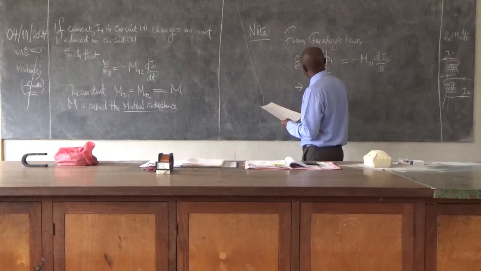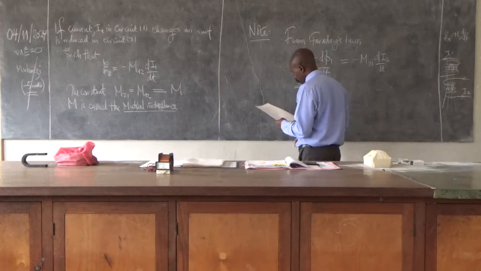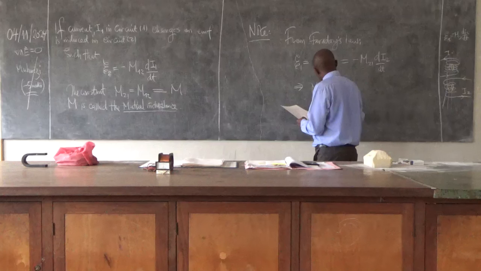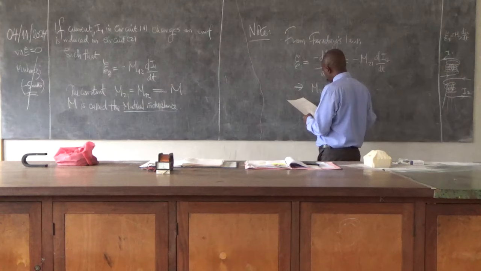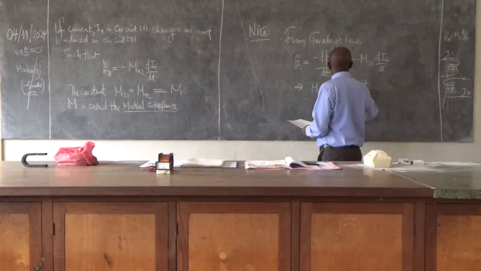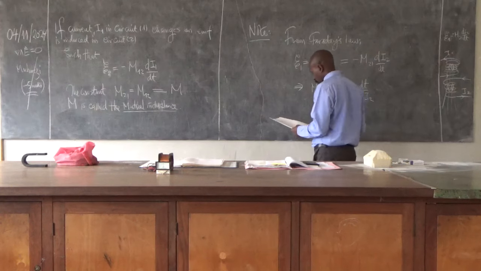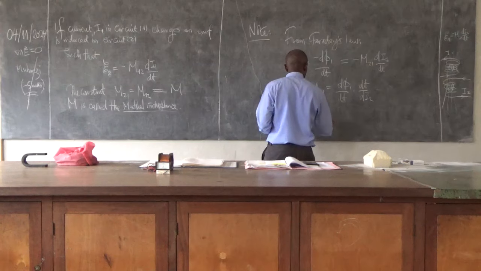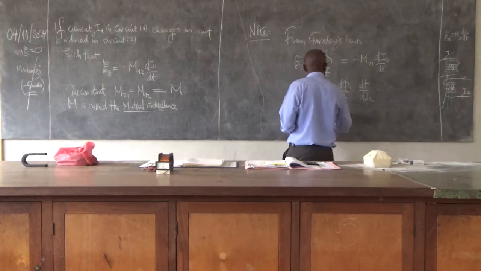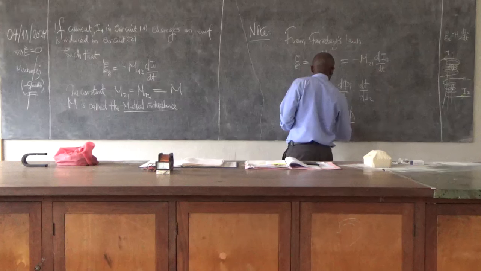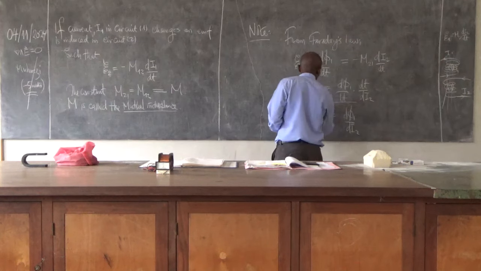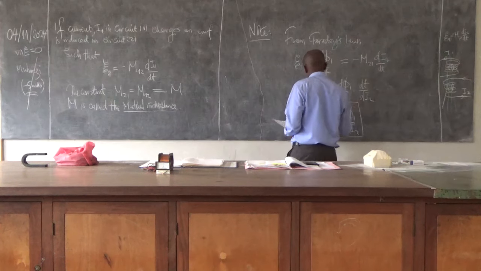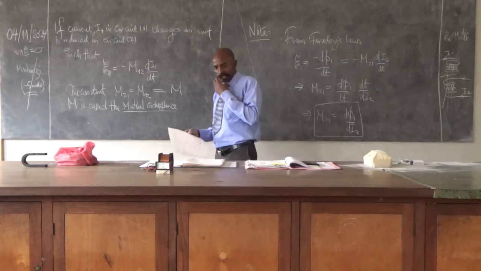So M21 would equal d phi 1 dt times dt over di2, and this would imply that M21 is equal to d phi 1 over d i2. You can find out M12 and the like.